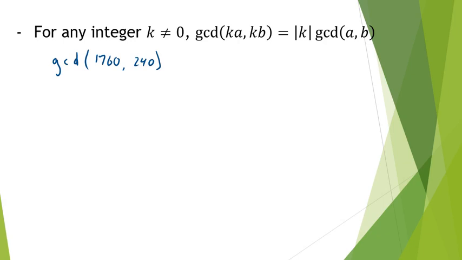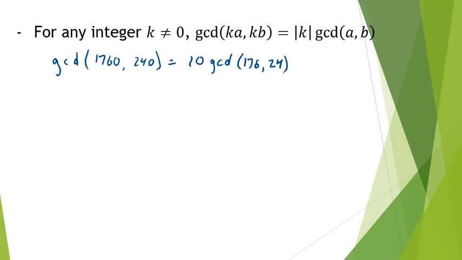Well, each of these guys contains a clear common factor of 10. So the GCD of 1760 and 240 is 10 times the GCD of 176, my apologies, and 24.